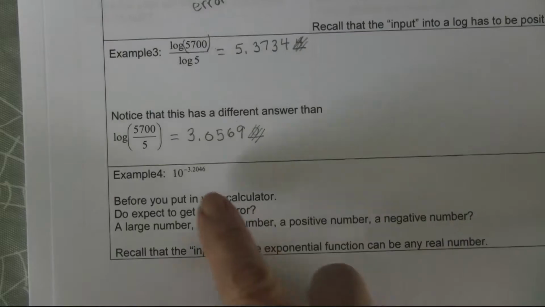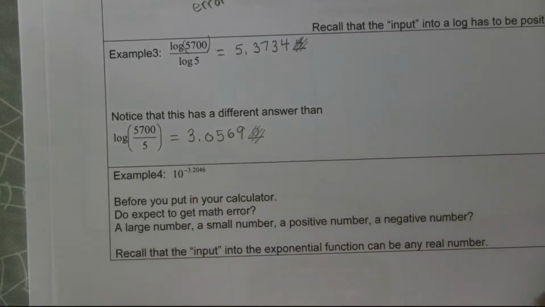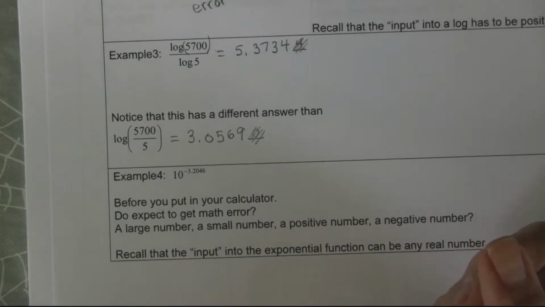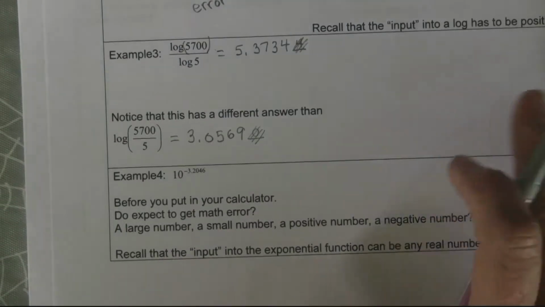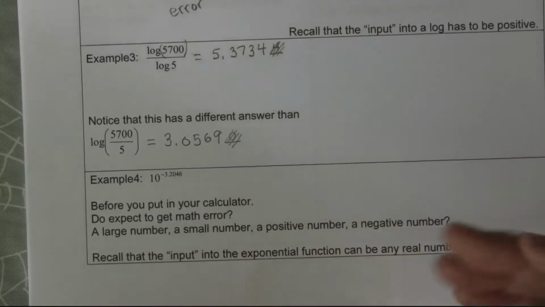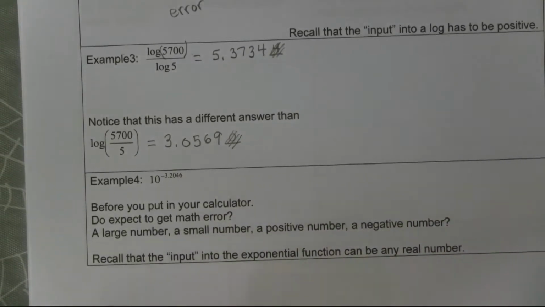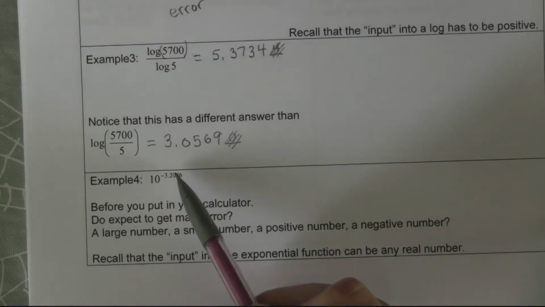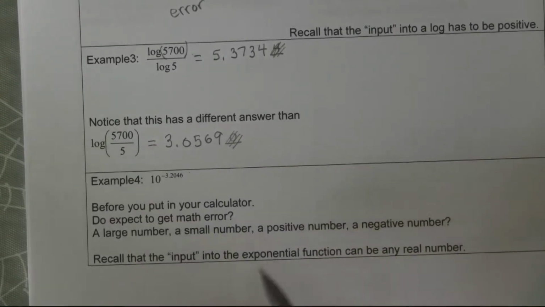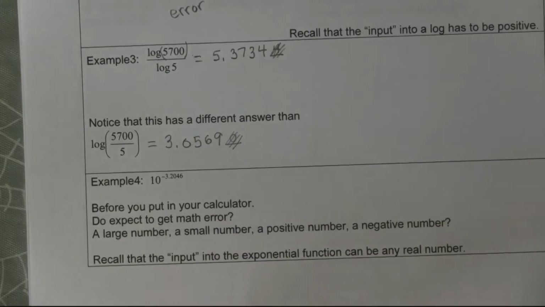But actually, this is the exponent on the exponential function. And the exponent can be anything. So I'm not expecting to get a math error. So recall the input of the exponential function, that's its exponent, and that can be any real number.